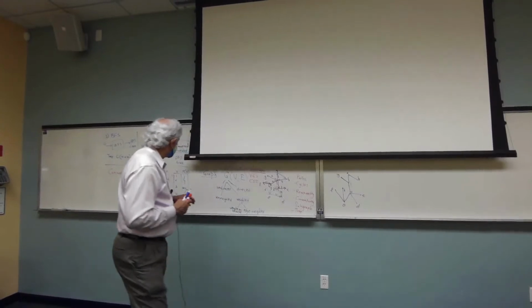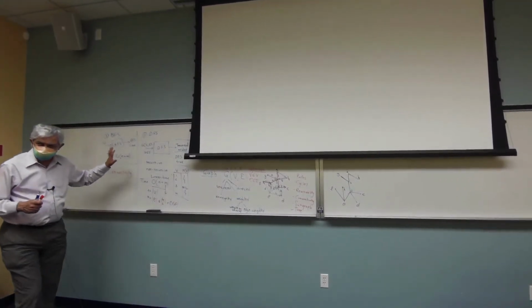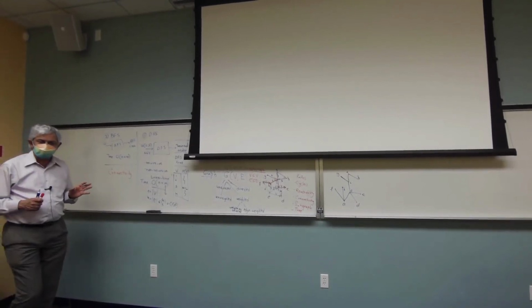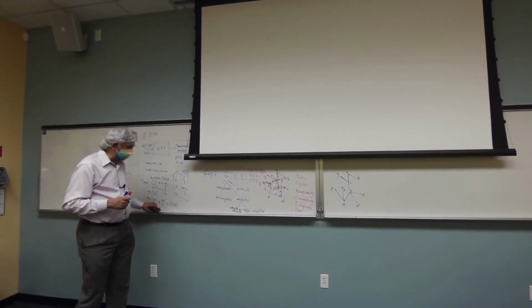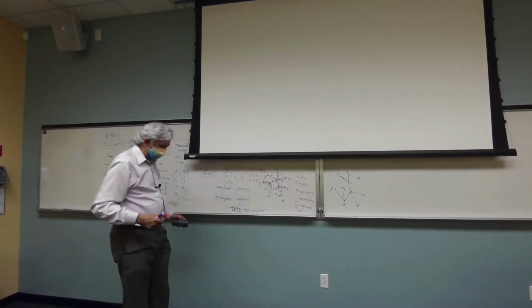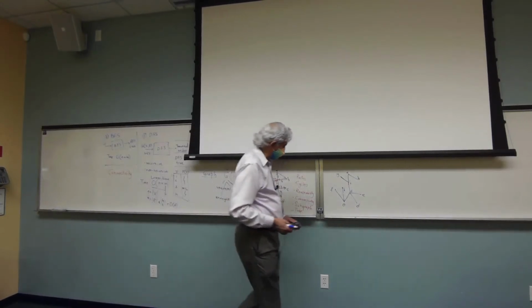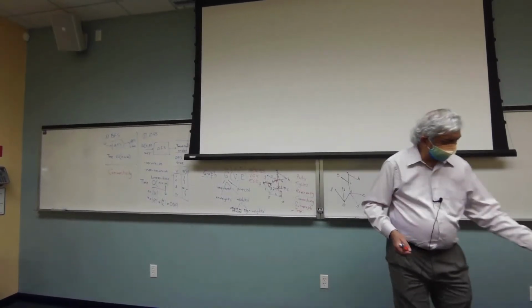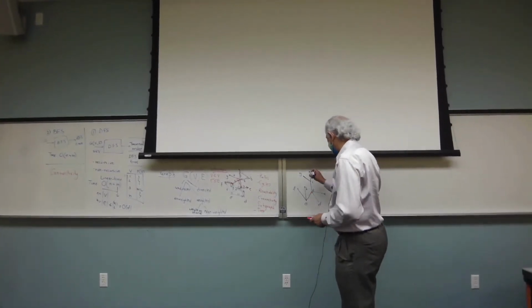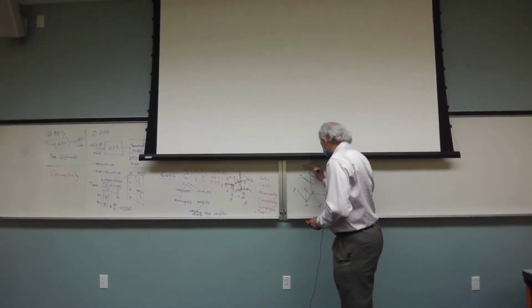Once you're done with breadth first search and depth first search, the next level of complexity comes with the problem of minimum spanning trees. In order to do that, I need a couple more definitions. Here we talked about what is an example of a tree. We said this is an example of a tree.